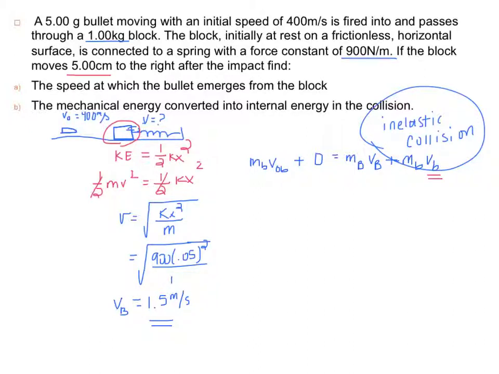So we just need to get it by itself. So move this piece over. And we get the mass of our bullet times the initial velocity of our bullet equals the mass of our bullet times its final velocity, minus the mass and velocity of our block. And then at the end, divide by our mass of our bullet. So you should get a velocity of 100 meters per second.